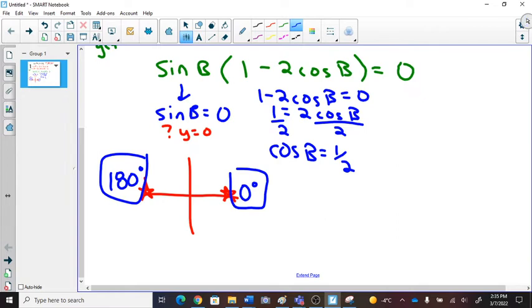Okay? So what do you think about this value? Is it a unit circle or should we calculate it? It's a unit circle. So where is x on your unit circle? Where is x a half? Did you find those two spots?